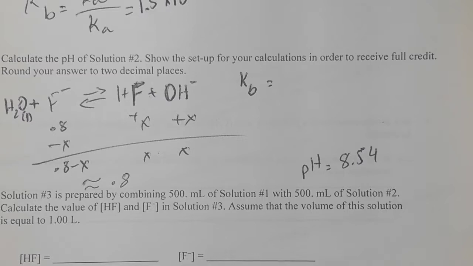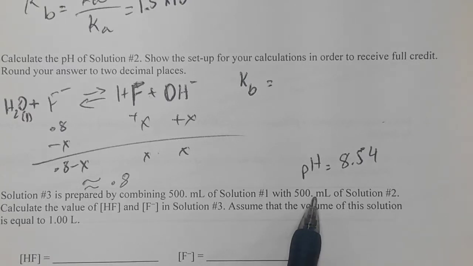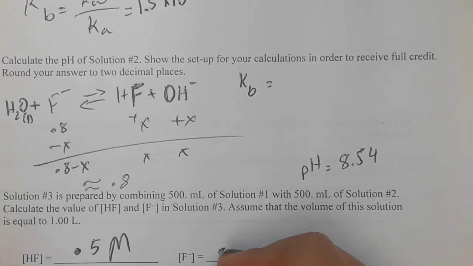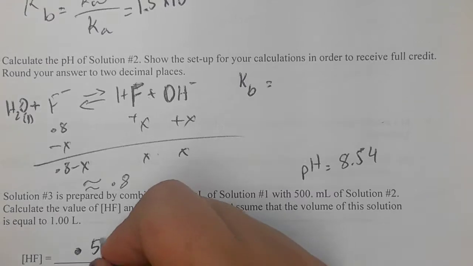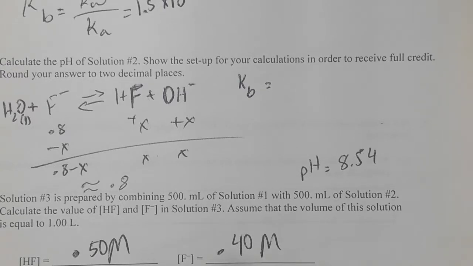People got it? It's going to be half of the concentration because you're putting in equal amounts, so you're diluting basically. So that will be 0.5 and then 0.4. See, easy. I will probably keep 2 significant figures. Got it?